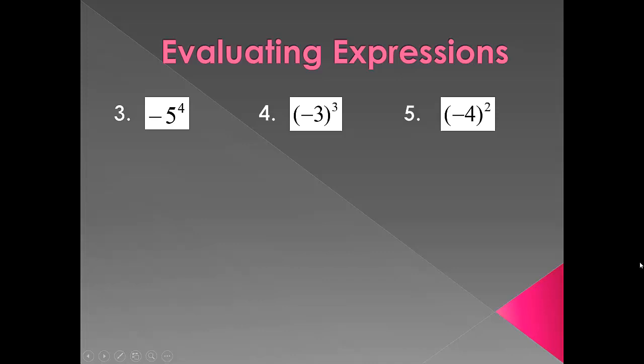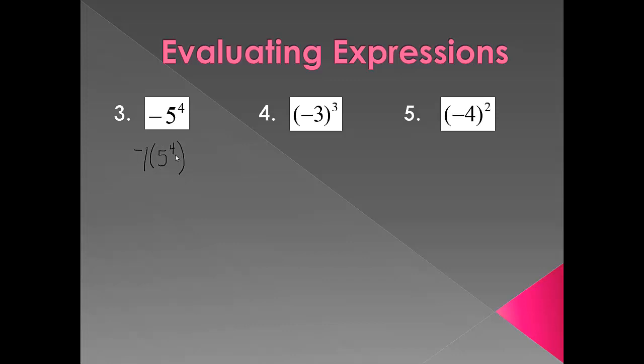For number 3, we are going to be evaluating the expression. So we're going to be solving it. So for number 3, we have -5 to the 4th power. On this problem, we do not have any parentheses. So this is the same as saying negative times 5 to the 4th power. Or you could even say that it's -1 times 5 to the 4th power. So we need to use order of operations, which tells us that we do our exponent first, and then we go back and multiply our answer times that negative.